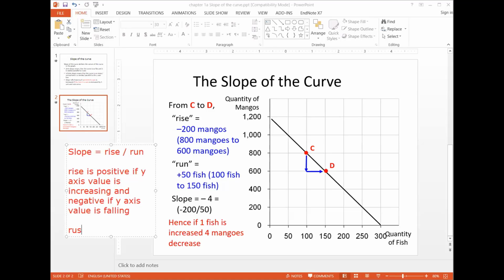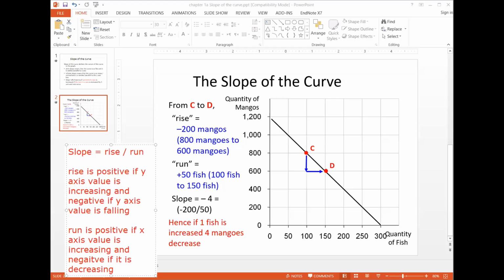Similarly, run is positive if the x-axis value is increasing, and negative if it is decreasing. Okay, so let me revise a little bit, then I will take questions.